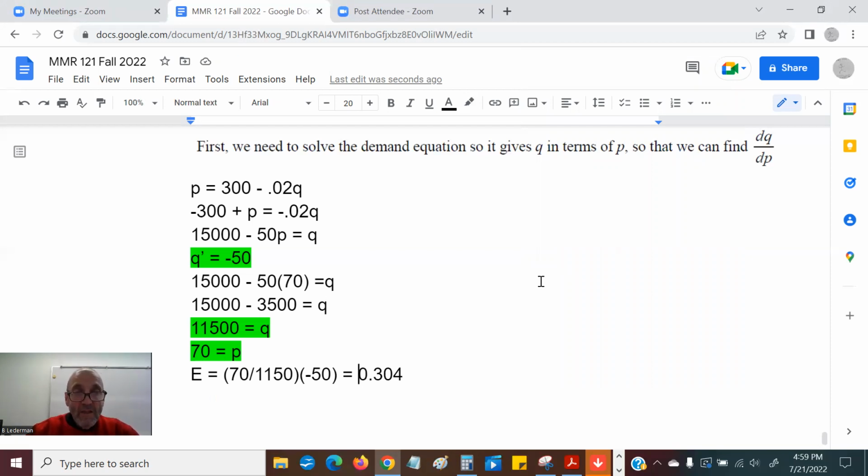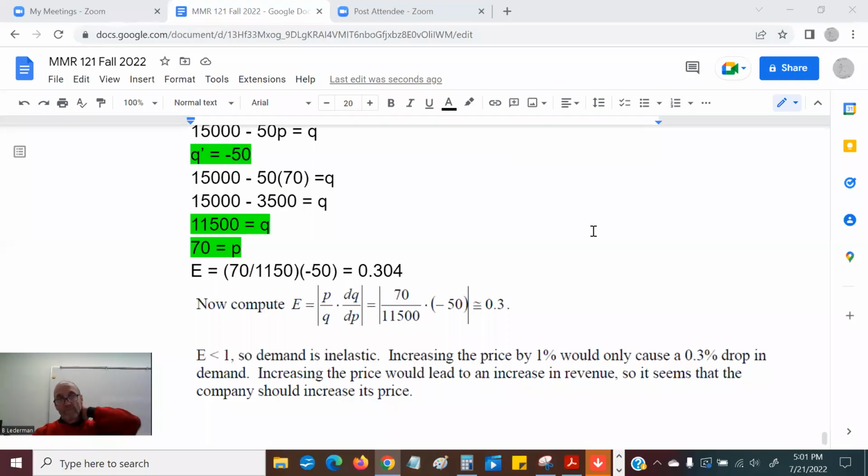Is the demand elastic? Is it inelastic? What's the story here? Well, 0.3 is less than 1, which means the demand is inelastic.